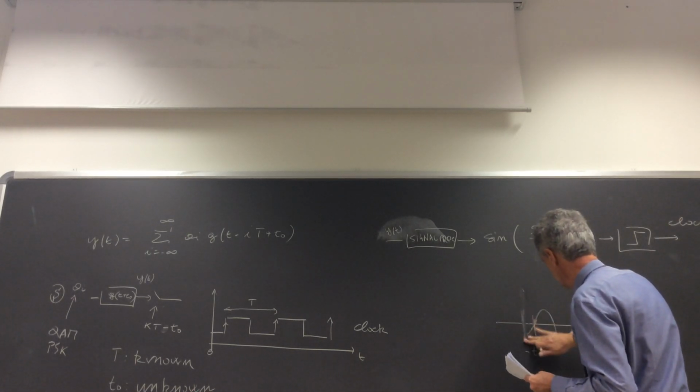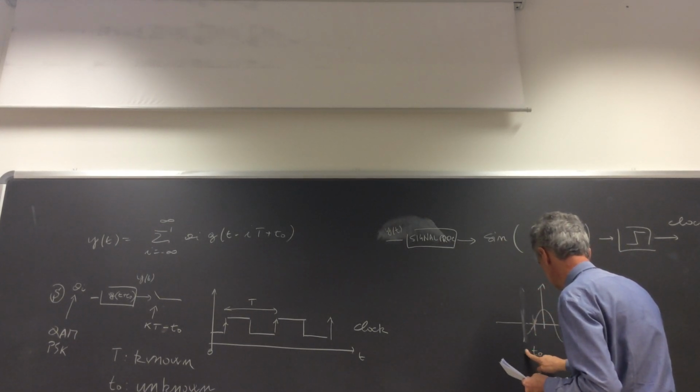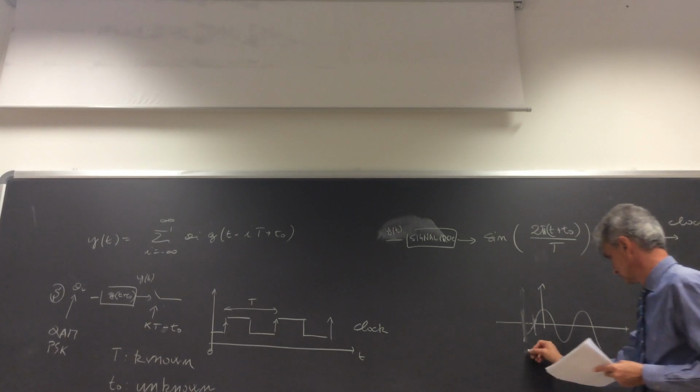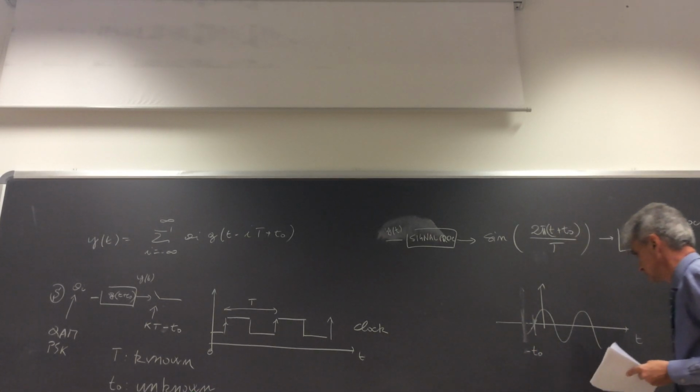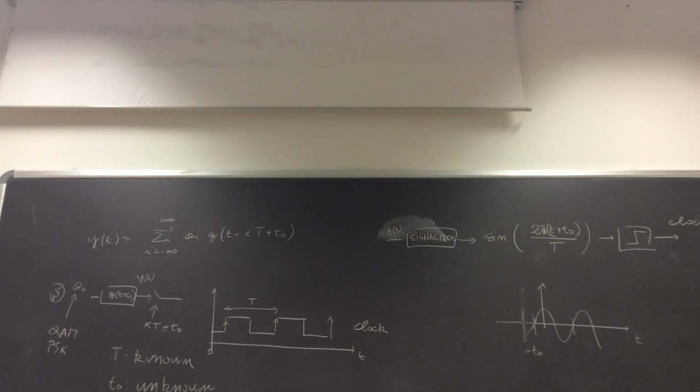So we could draw this in this way. T0 with the minus sign. And then zero crossing again after capital T seconds. Capital T is known. Okay, this is the objective today.